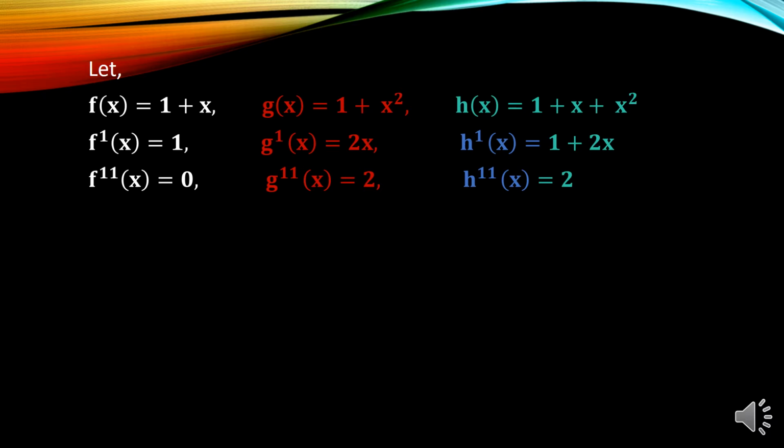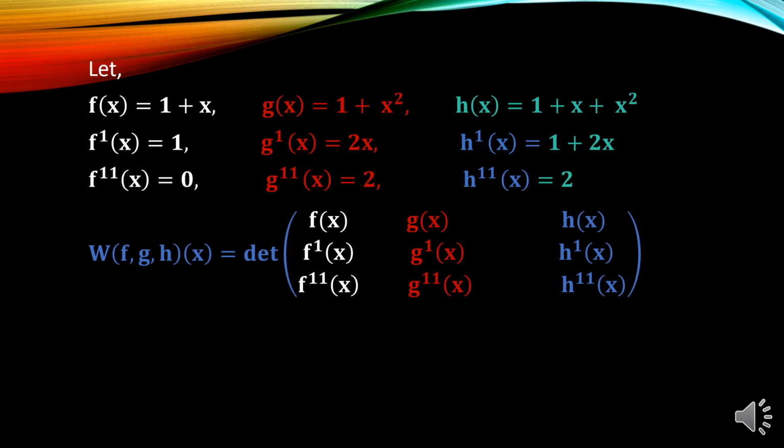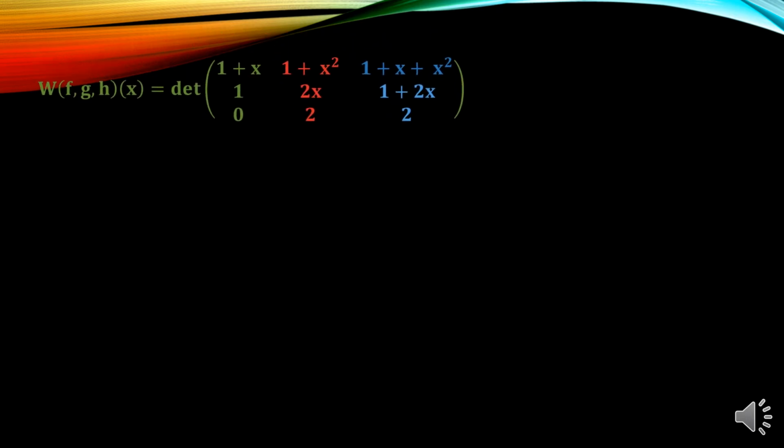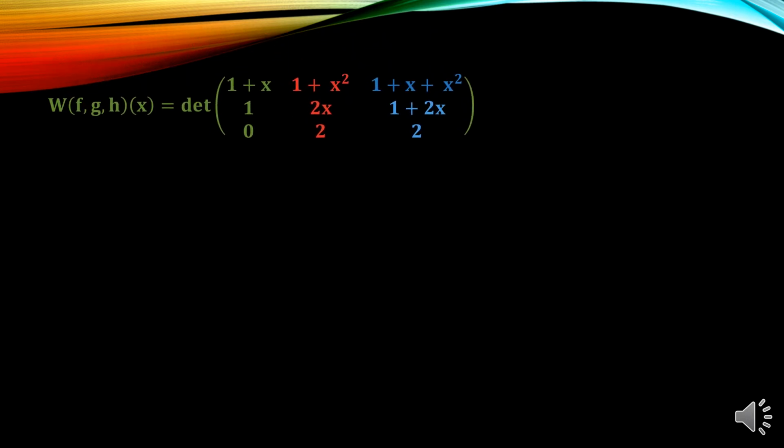But remember, from the definition of Wronskian, we have the first row for the functions, the second row for the first derivative, the third row for the second derivative. So we substitute in and we shall get that. Now we need a workout for this. Remember, from our substitution, that's what we got.